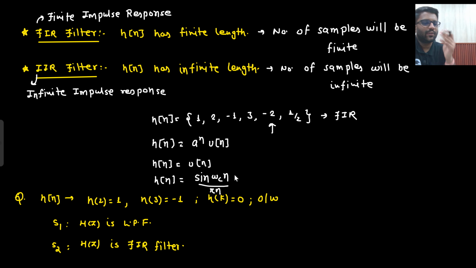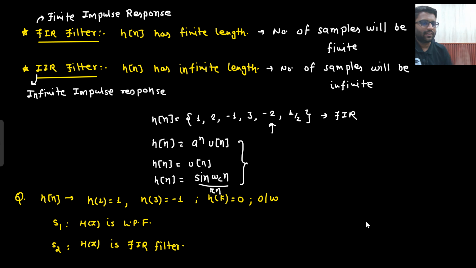So you can see that the value of n can go from 0 to infinity, and it can go from 0 to minus infinity as well, or minus infinity to 0 as well. Basically here what is the length? Infinite length is there, no? So how many samples are there in h(n)? a to the power 0, a to the power 1, a to the power 2, a to the power 3, a to the power 4, a to the power 5, till a to the power 100, a to the power 1000, a to the power 1 lakh, a to the power 1 crore, a to the power infinity. So infinite samples are there.